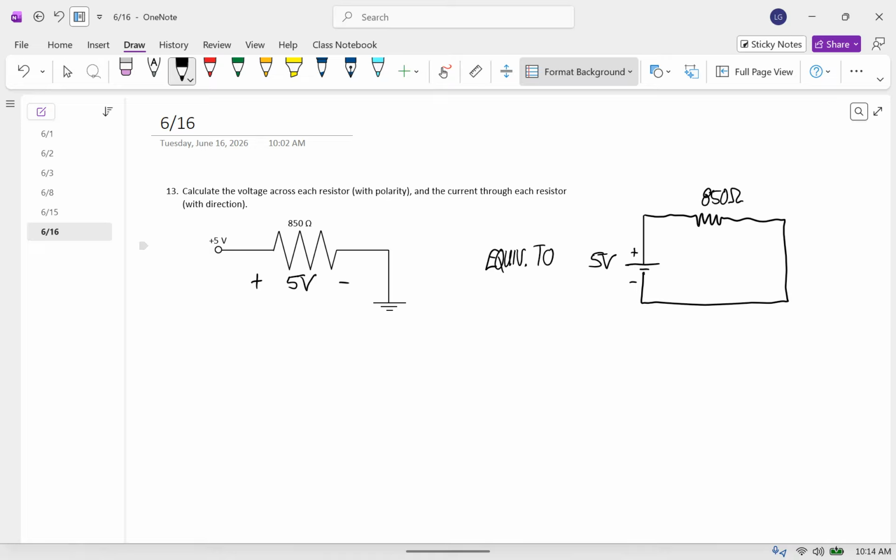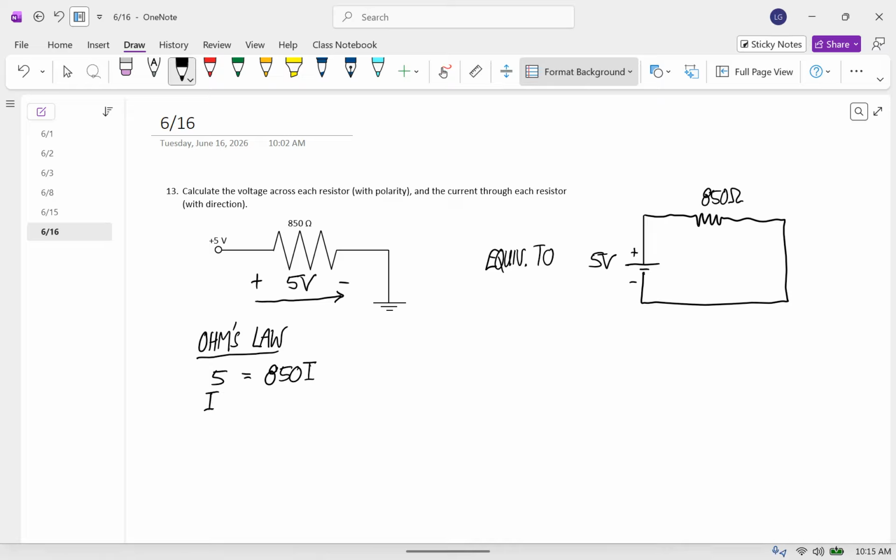Now, in a resistor, we know that the current always goes in the direction from the positive to the negative. And so we know the direction of the current through that resistor is this way. And all that's left is using Ohm's law to calculate the magnitude of that current. And so Ohm's law says 5 is equal to 850 times the current.